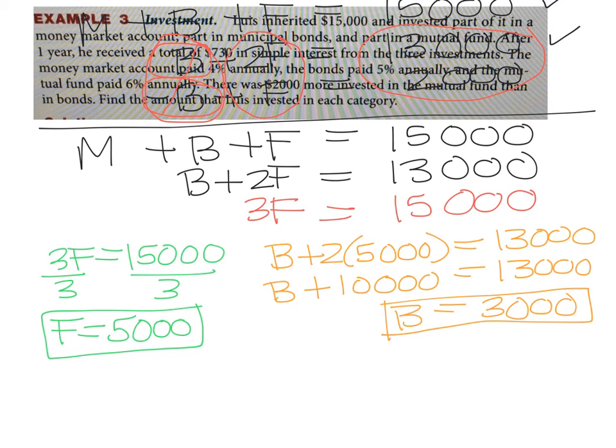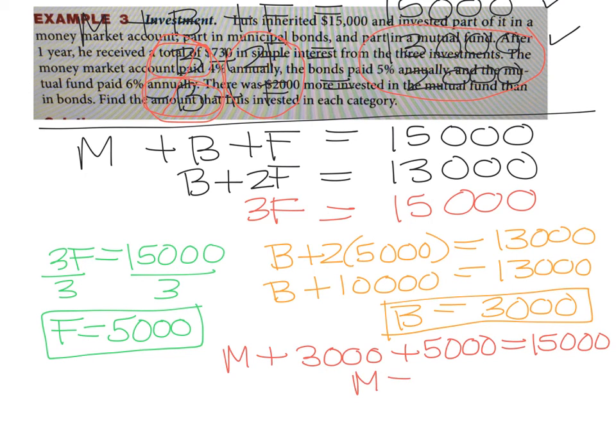Last, I can substitute both of those numbers into the first equation. M plus B plus F is 15,000. So if I combine like terms, M plus 8,000 is 15,000. And if I subtract the 8,000 from each side, the amount in the money market is $7,000.